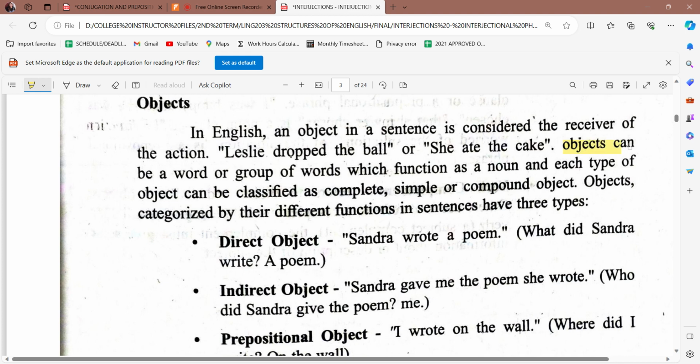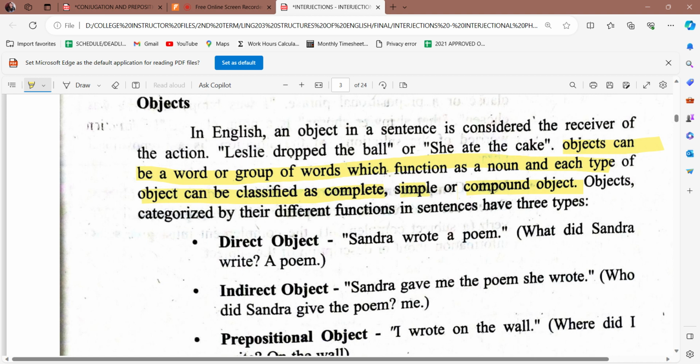Objects can be a word or group of words which functions as a noun, and each type of object can be classified as complete, simple, or compound.